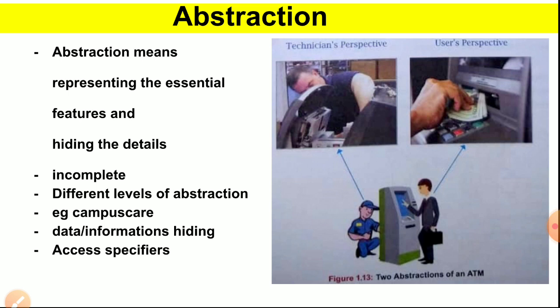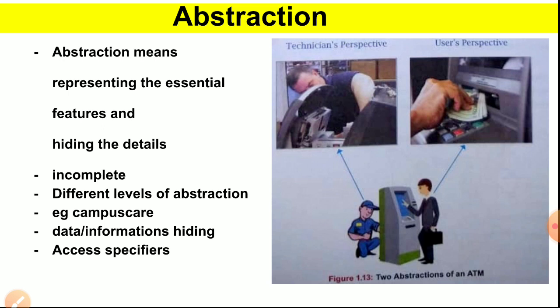So remember, abstraction has got two parts. One is showing essential features, and the other one is hiding essential features. So this abstraction is achieved by data hiding, okay, or information hiding. Now what is this data hiding?